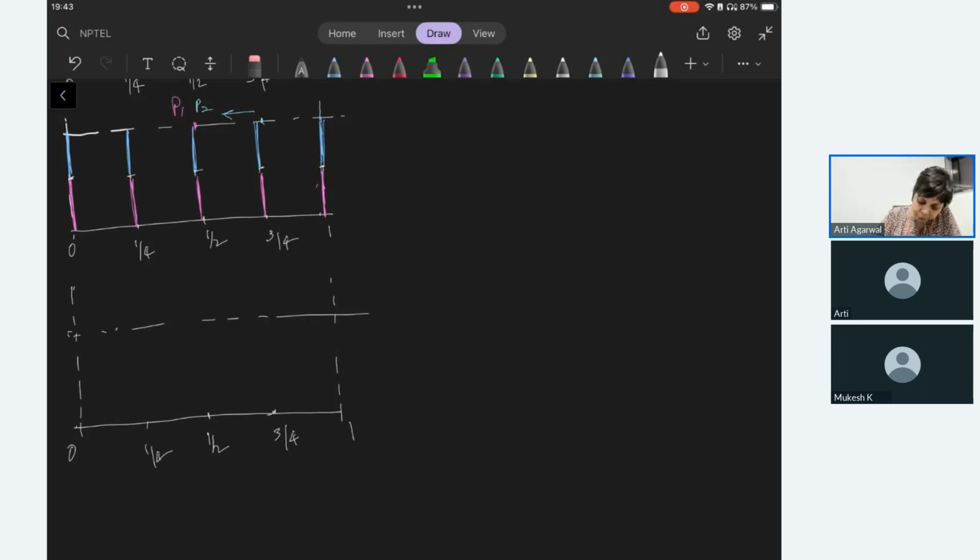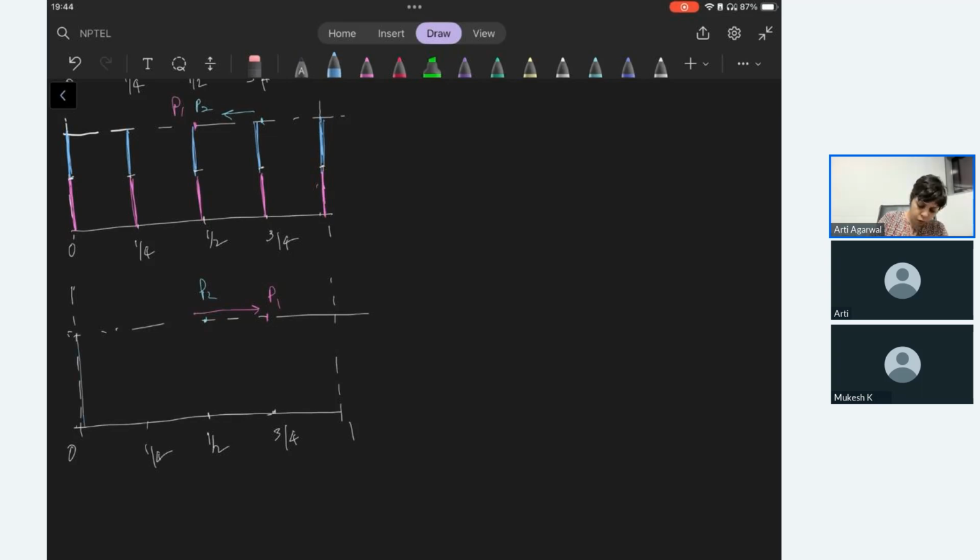Okay, now let's see. P1 has now moved to 3 by 4 and P2 is still sitting here at half. Okay. Now let's see what's going to happen. For people at 0, now what happens for people at 0? Now P2 is the closest candidate for people at 0, right? P1 has moved. You'll vote for P2.